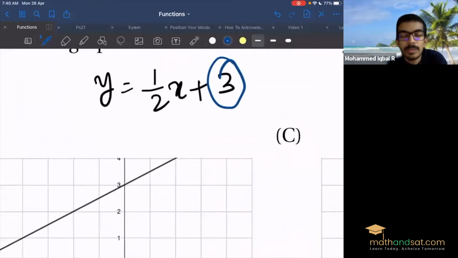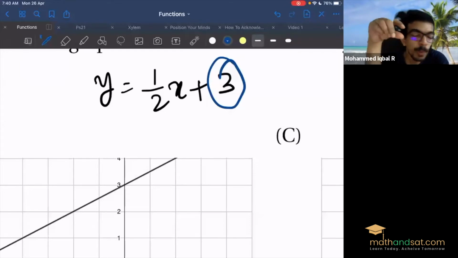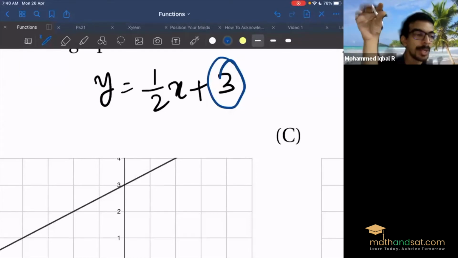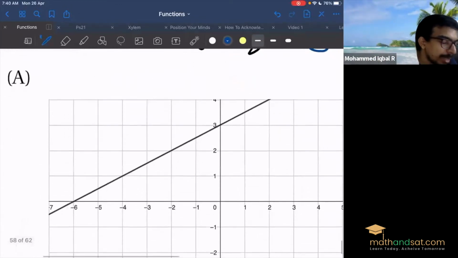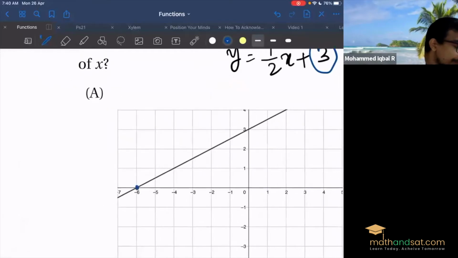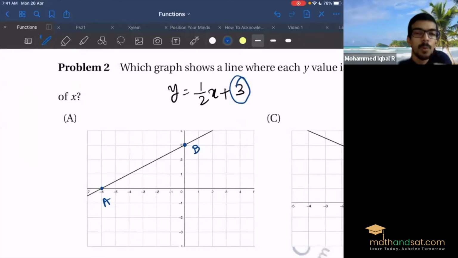Slope is rise over run when you go from point A to point B. Point A and point B can be any 2 points. If I take this as point A in the first option and this as point B, what is the rise?